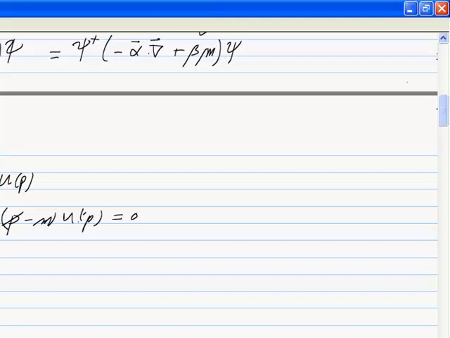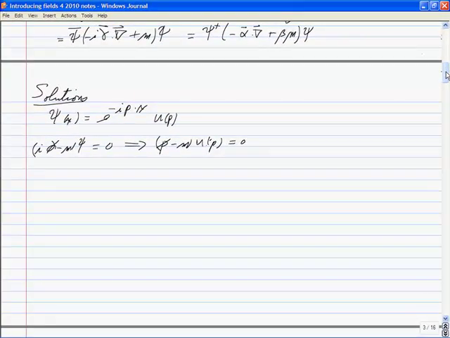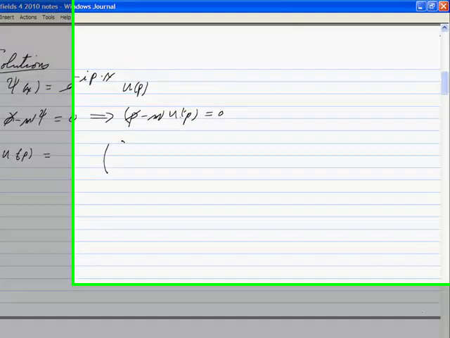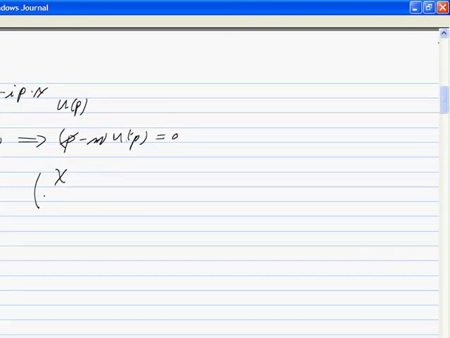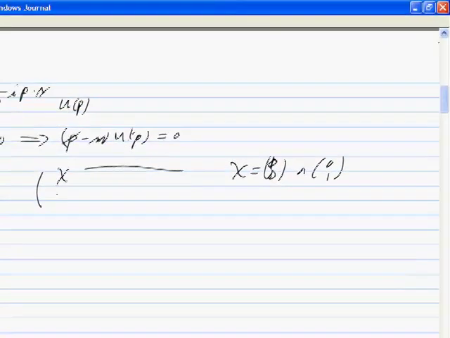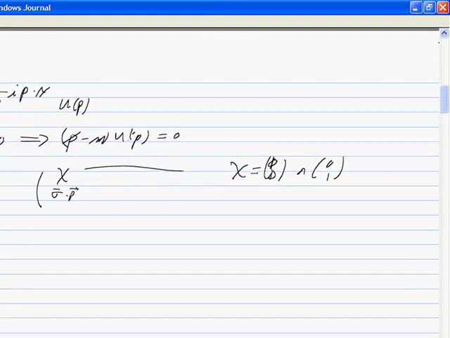And the solutions end up being, with some normalization, u of p. So leave a space, follow me in leaving a space. If I put the upper component as chi, which is going to be a spinor, 1, 0, or 0, 1, that tells you the spin of the particle. Then the lower component is forced to be sigma dot p over e plus m times chi.